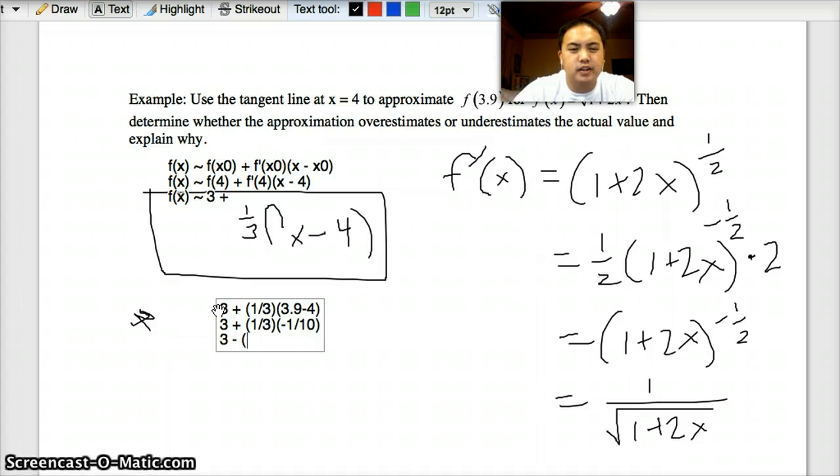So it's just 3 minus 1 over 30. Okay? And that's my approximation. I don't need to know if it's an underestimate or overestimate, but that's an estimate that you could figure out without having to use a calculator.